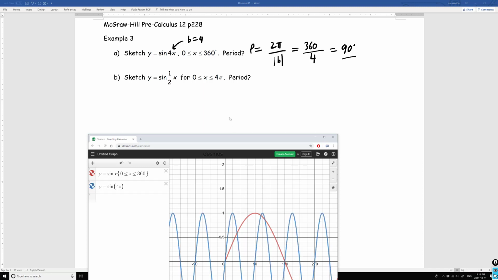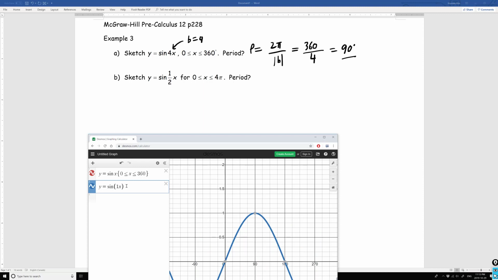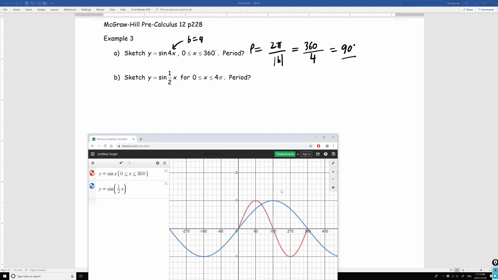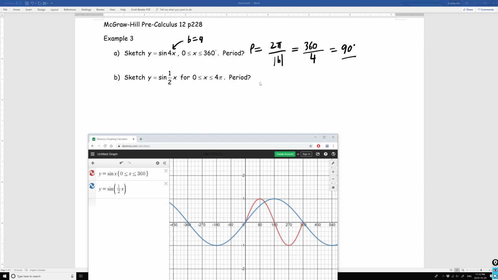Okay, so let's try this one here now. Sine 1/2 x. So the b value is no longer 4, now it's 1/2, or 0.5. And as you can see, when the number is less than 1, it's going to be wider. If the number is greater than 1, it's going to be skinnier. So we can use the math here.